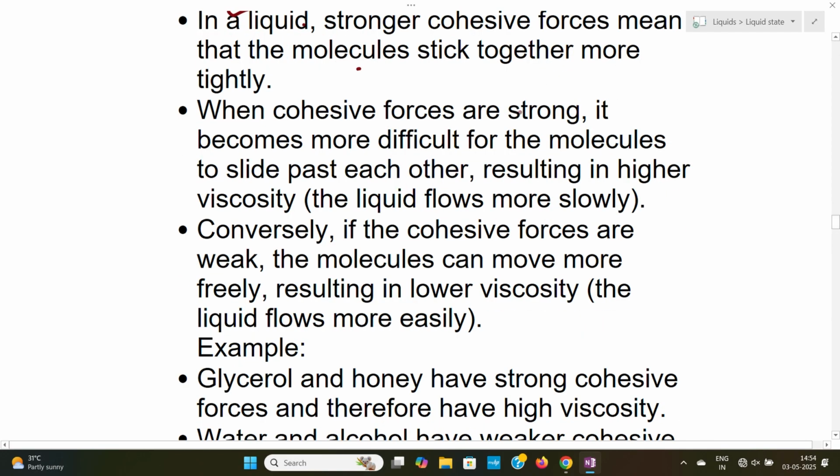When cohesive forces are strong, it becomes more difficult for the molecules to slide past each other, resulting in higher viscosity. Conversely, if the cohesive forces are weak, the molecules can move more freely, resulting in lower viscosity.